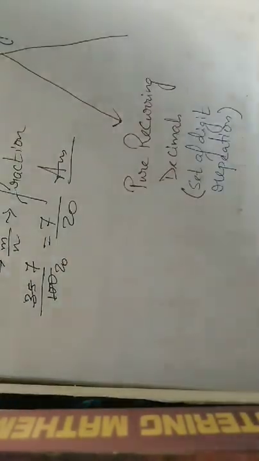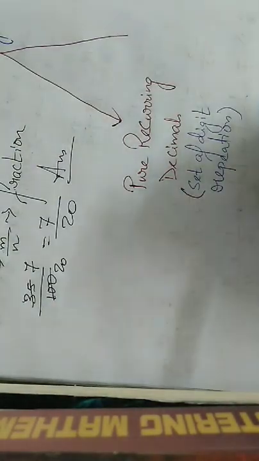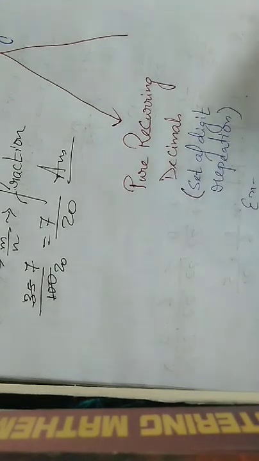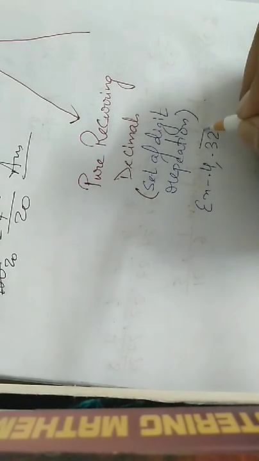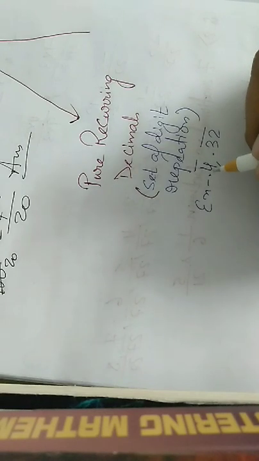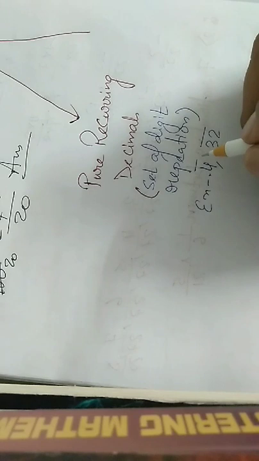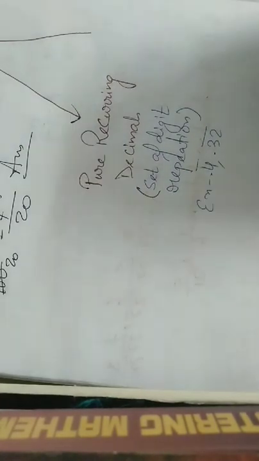Okay, let's take some examples. 0.4 bar, how will you write this? 0.4 is already there, you will write double 4 also. Then 0.32 bar, which means this value is 0.3232323232, and so on.